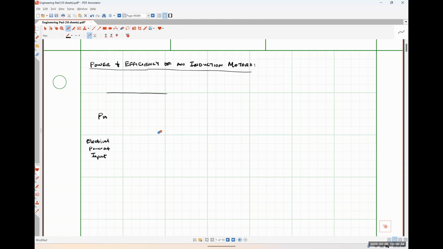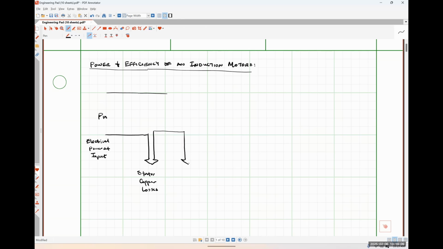Let me make this a little bit smaller here. I'm putting an arrow down here, and this is representing our stator copper losses. And then we're also going to lose a little bit of our power due to the fact that it takes energy to magnetize our core.